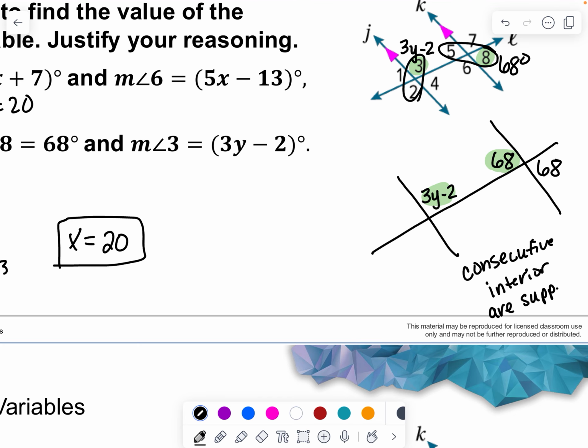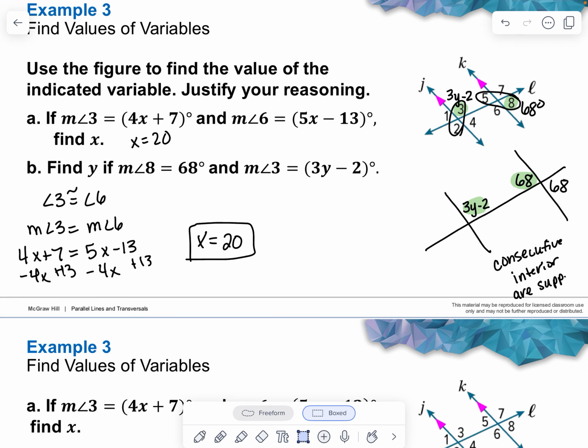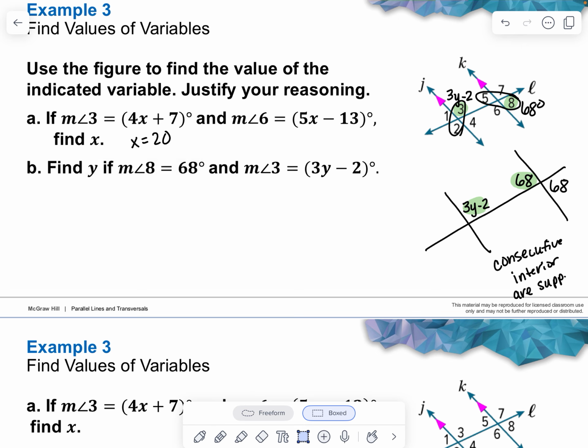Okay, so if I know that, that means the measure of angle 5 plus the measure of angle 3 will equal 180.